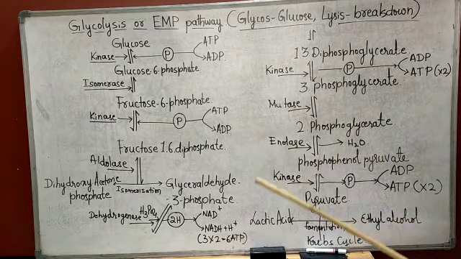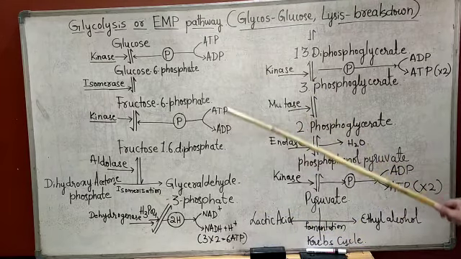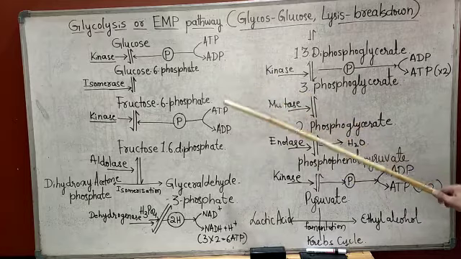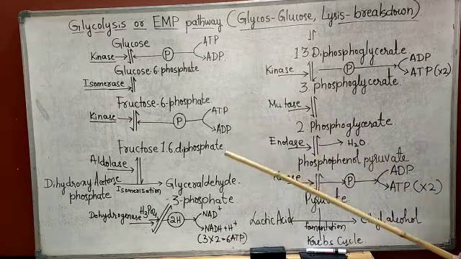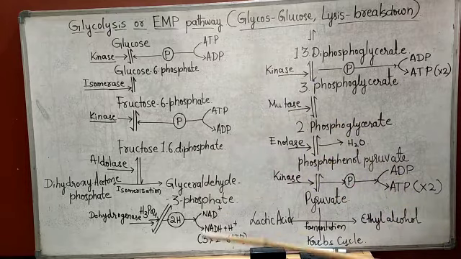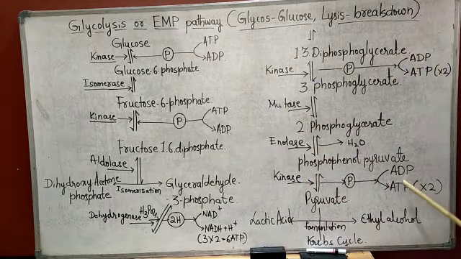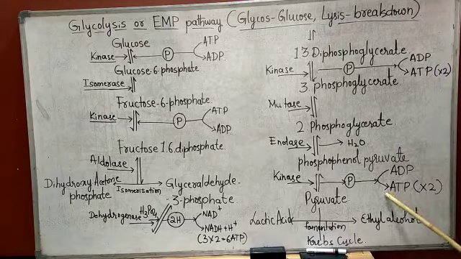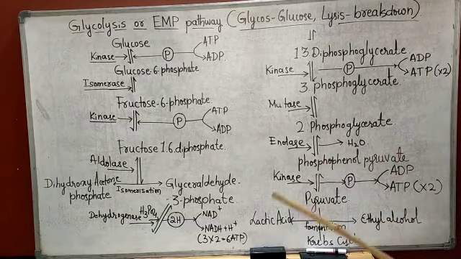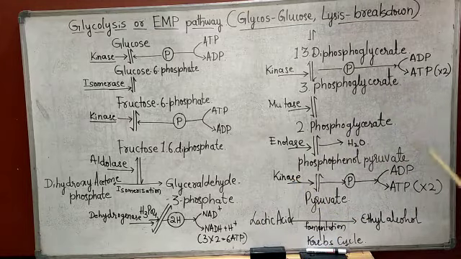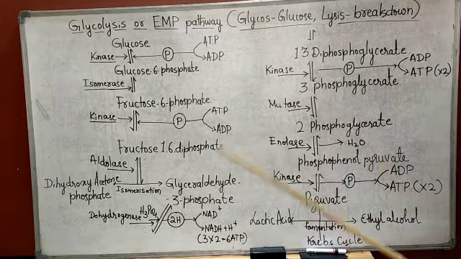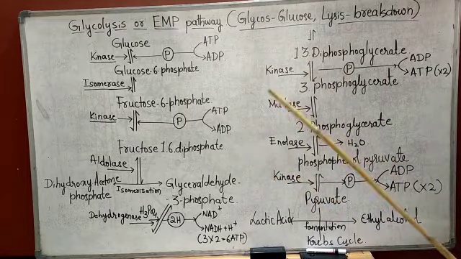Here 2 ATP molecules are used at initial stages and 4 ATP molecules are generated at subsequent stages. So the net gain of ATP after the completion of glycolysis is 4 minus 2, which is 2 ATP molecules.